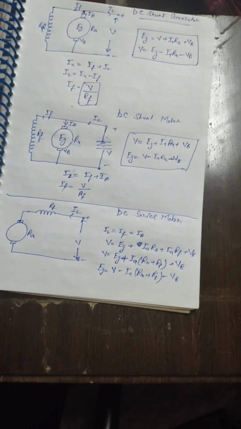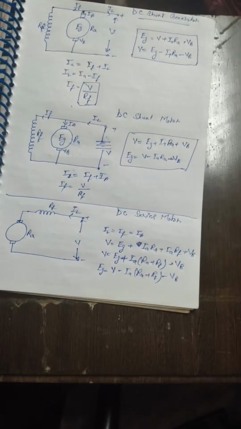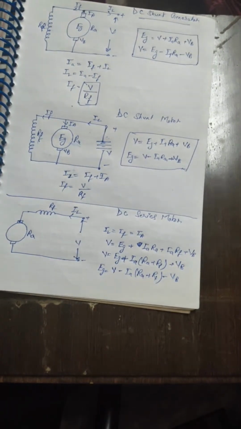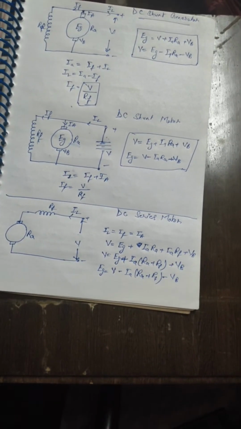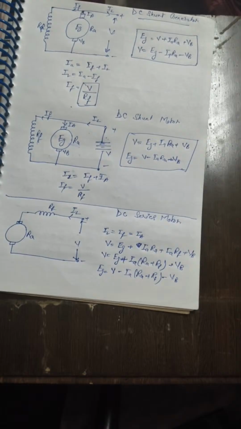The resistance is very low, about 0.4 to 1 ohm. And in the case of the shunt machine, the resistance will be 200 to 300 ohm, or it can be 350 ohm, which is much higher.